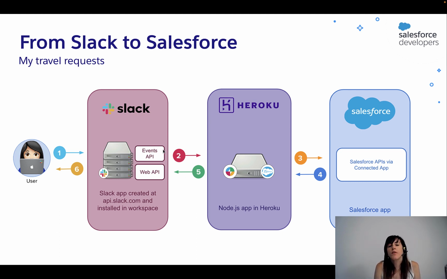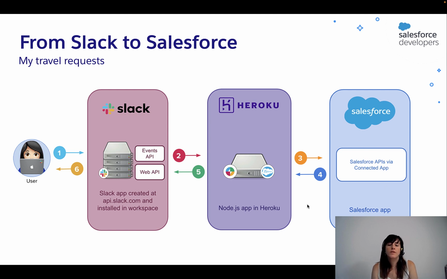Slack, as we've configured the app to fire that event, is going to fire an event called app home opened event. Then we're going to listen to that event in our Heroku app, and we're going to use JSForce to read the travel approval requests from Salesforce.